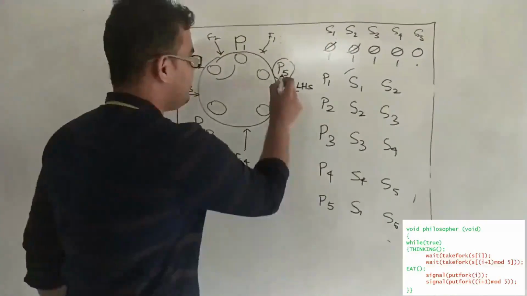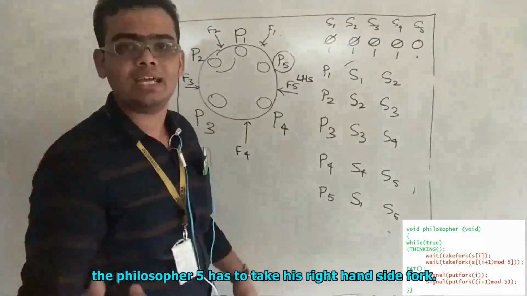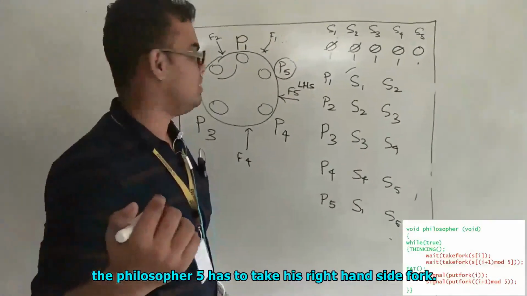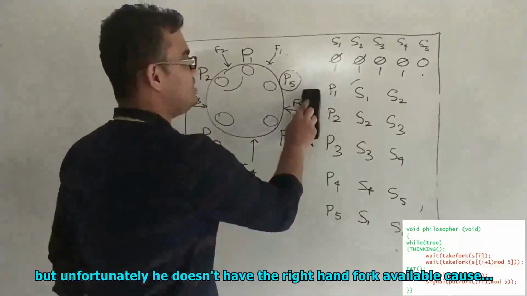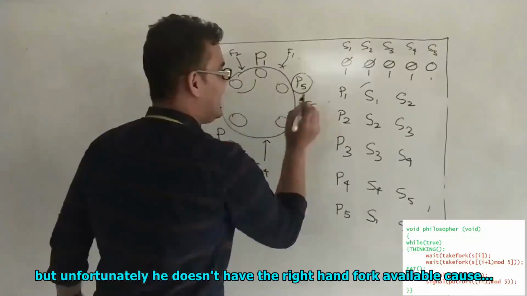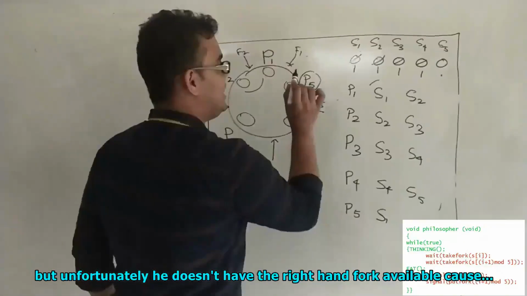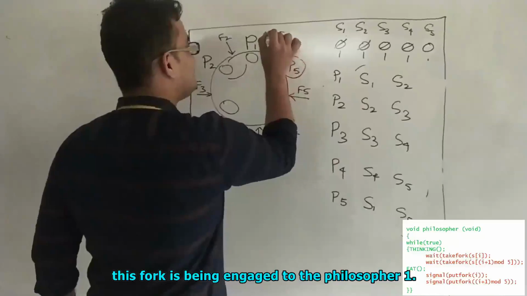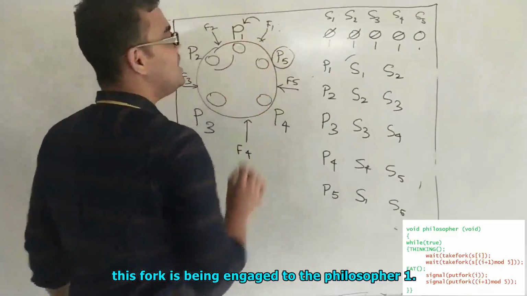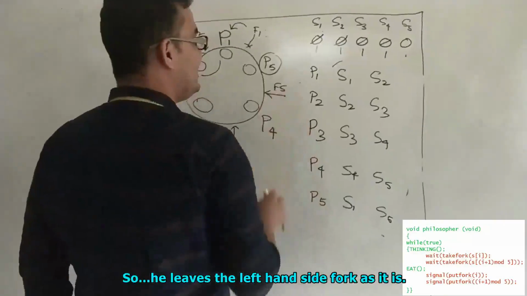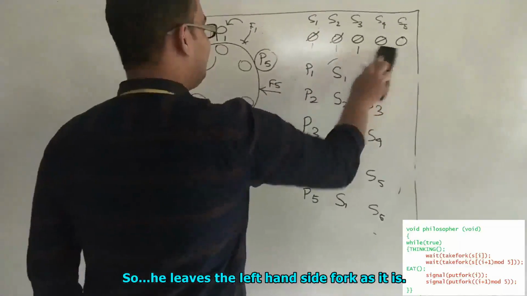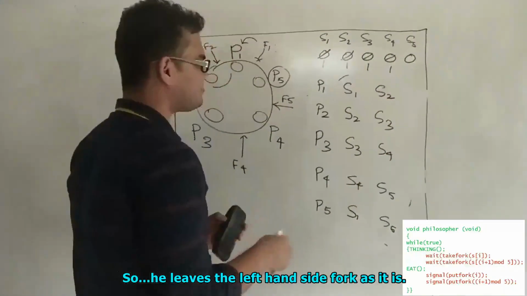Now, obviously, philosopher 5 has to take his right hand side fork, but unfortunately, he doesn't have the right hand fork available because this fork is engaged by philosopher 1. So, he leaves the left hand side fork as it is.